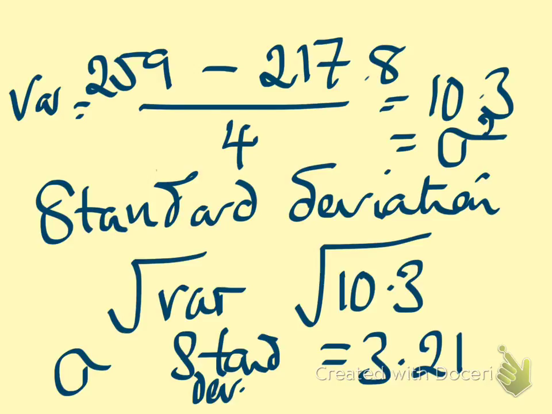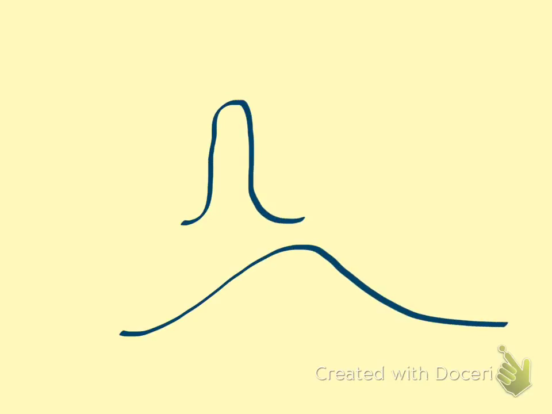So there is significant variation over the sample. This tells us that our data, rather than being very concentrated, is very spread out. I hope that helps.